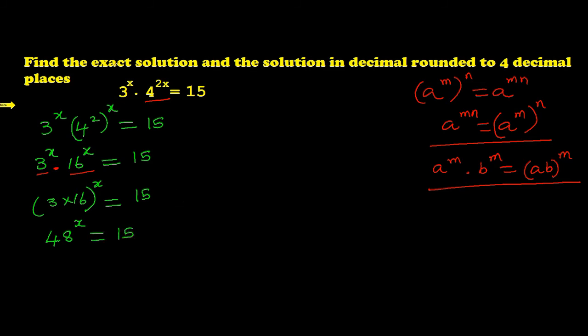Now, as it is an exact solution, we are going to use the logarithmic concept. So you know how to convert exponential form to logarithm form, isn't it? Let me write it: logarithm form and exponential form.